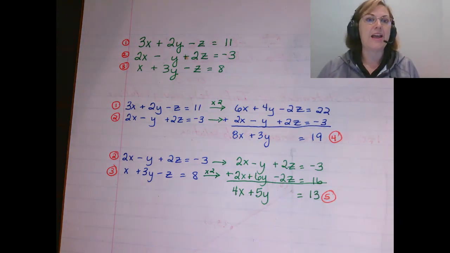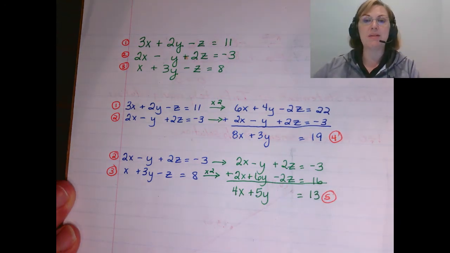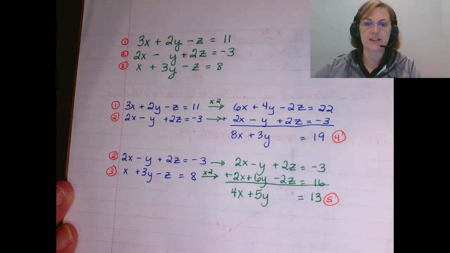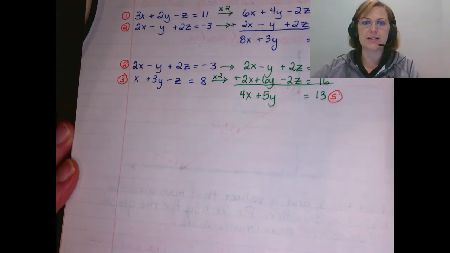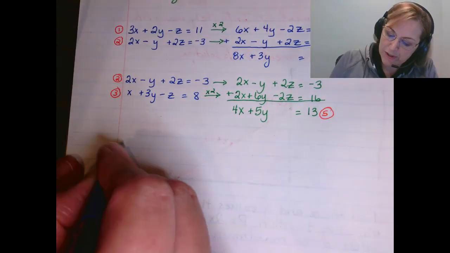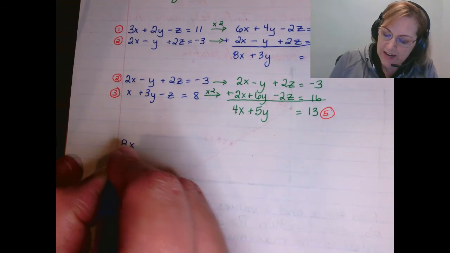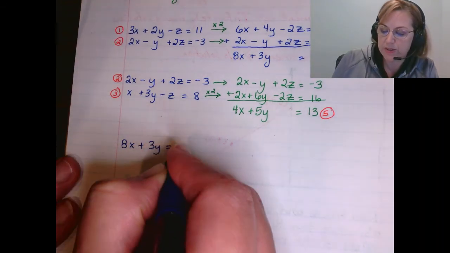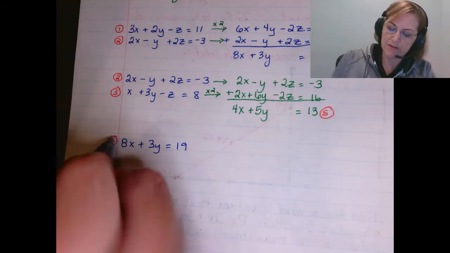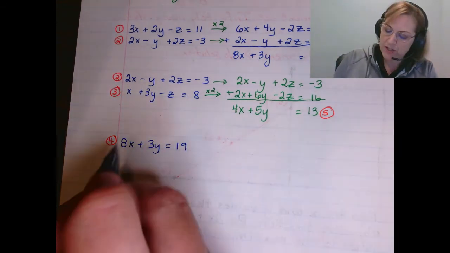All right, now that we've done the groundwork to eliminate one variable, we're going to take equations 4 and 5 and eliminate a variable. So I'm going to create us some space here. I'm going to bring back equation number 4, which was 8x plus 3y equals 19. Again, that's equation number 4. And I'm going to use equation number 5.